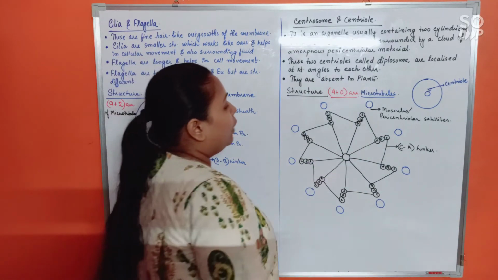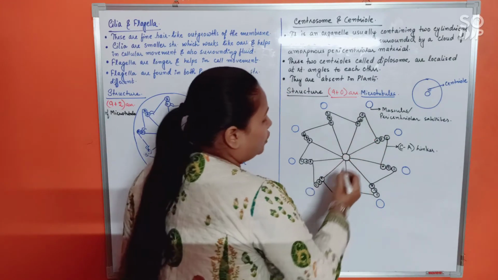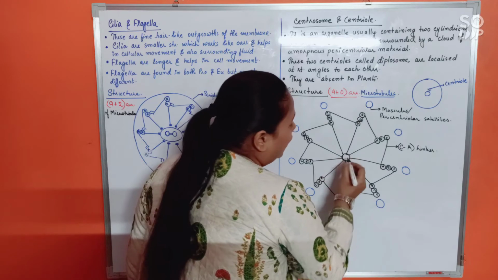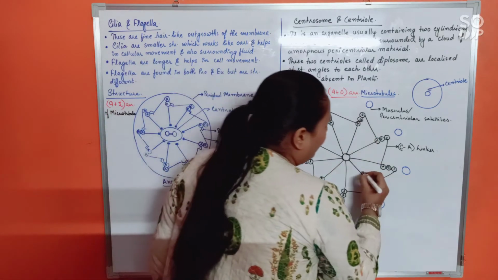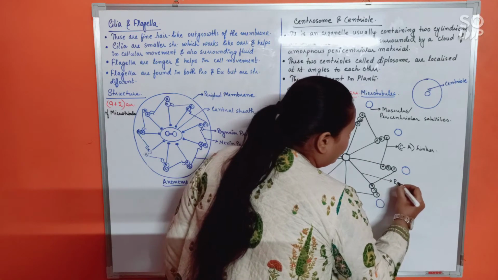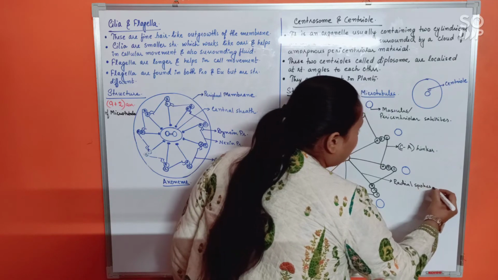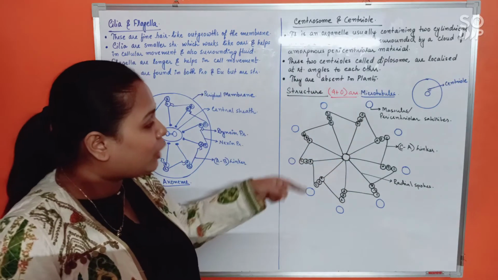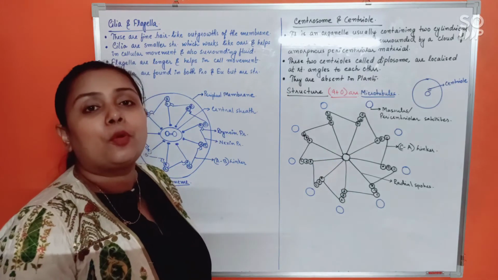Alright. Now, these microtubule triplets on the other hand would remain joined together at the center, which consists of a proteinaceous hub, okay, by the help of radial spokes. Radial spokes.